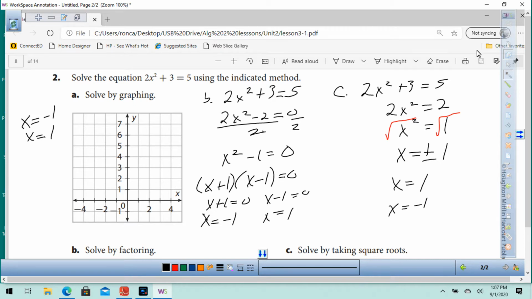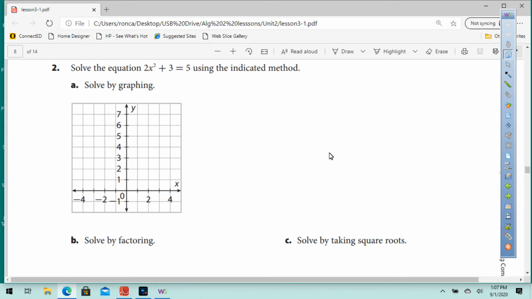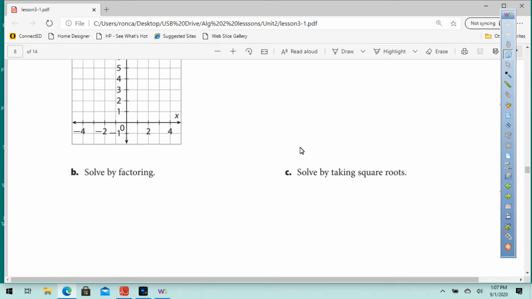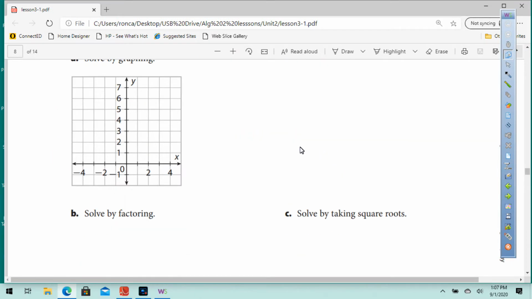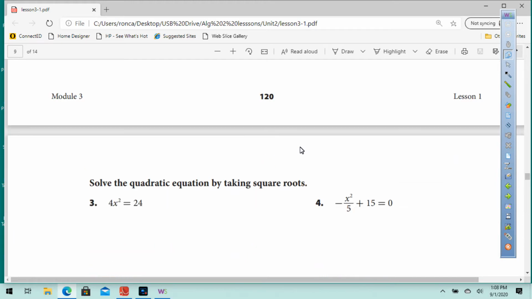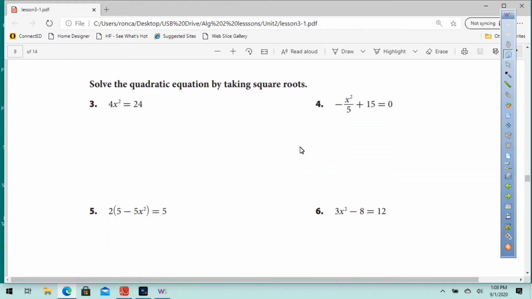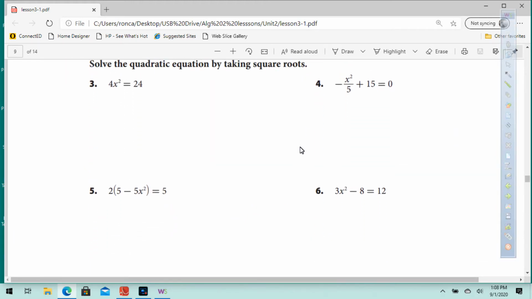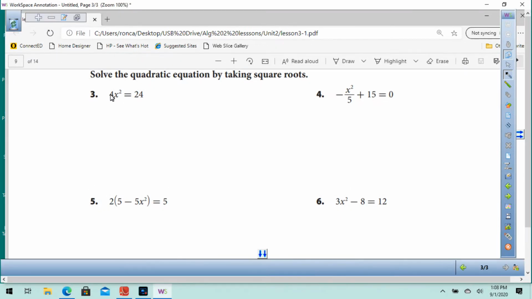Let's try another one. Number 3. It says solve the quadratic equation by taking square roots. Okay, first I'm going to divide both sides by 4, and I get x squared equals 6.